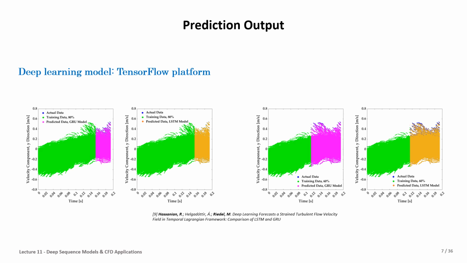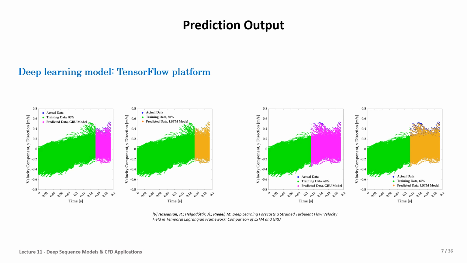The green color is training, the yellow color is the prediction for the LSTM, the purple color is the prediction for the GRU model, and the blue color, which can be seen in some areas of the figure, is the actual data. You can see how well the prediction matched the actual data, which means the model was successful.